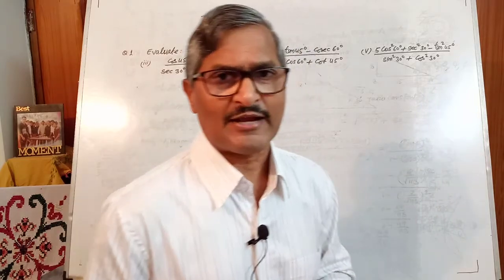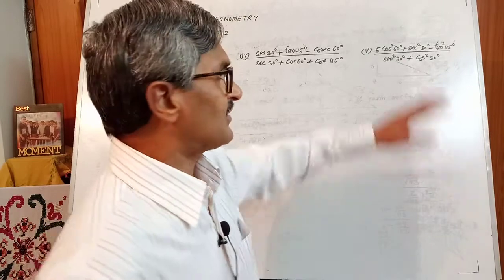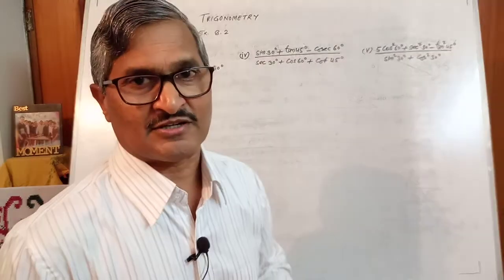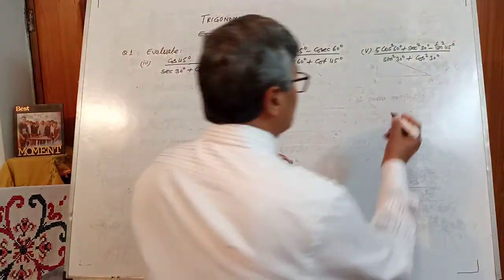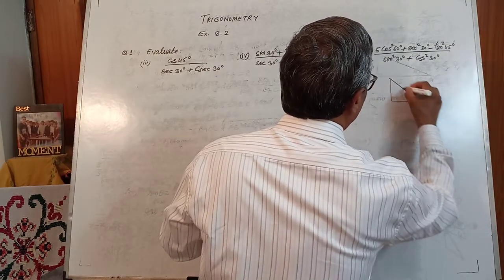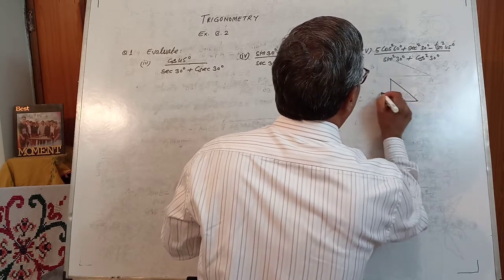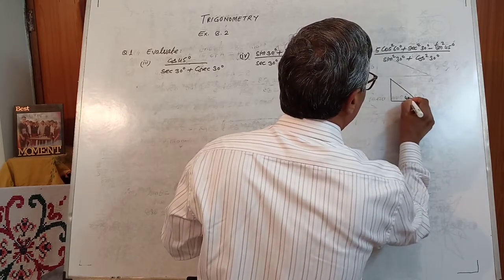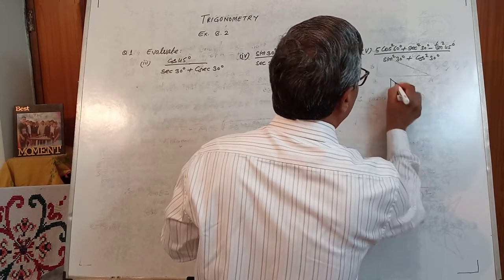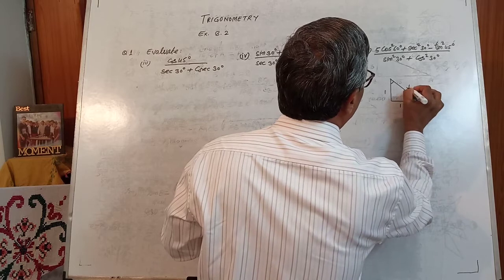Here, for your help, I am going to use 2 triangles only for solving all these questions. One triangle is this: here 45 degree, 45 degree, and this will also become 45 degree, with sides 1, 1, root 2.